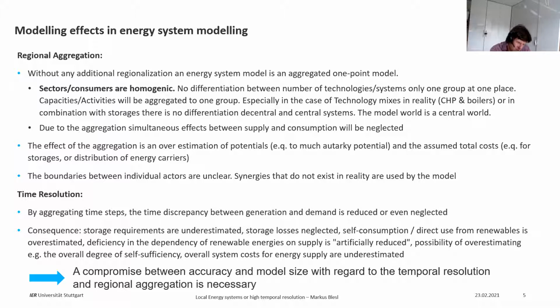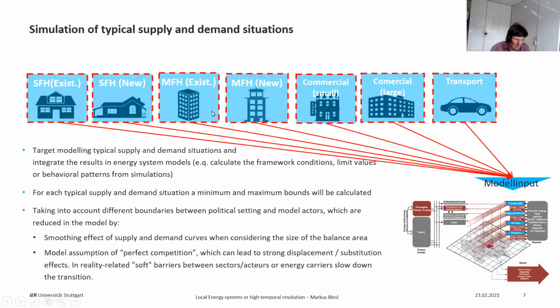The approach we are normally using, as we have also in the past, is models with more regions, but if you're going to the local level, we assume that it's necessary to split up the model into typical supply and demand situations.